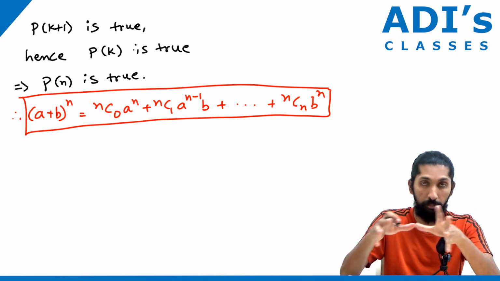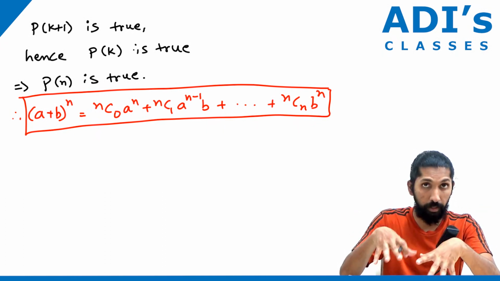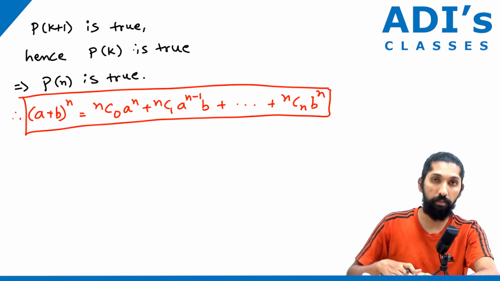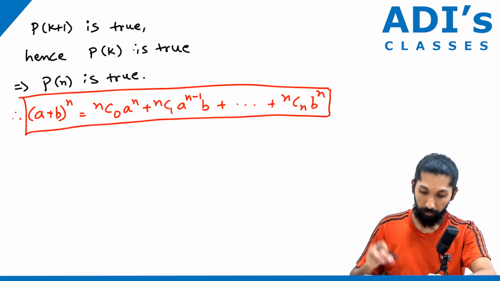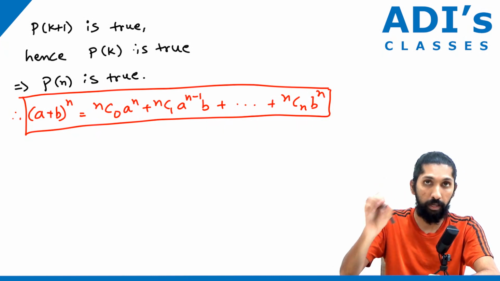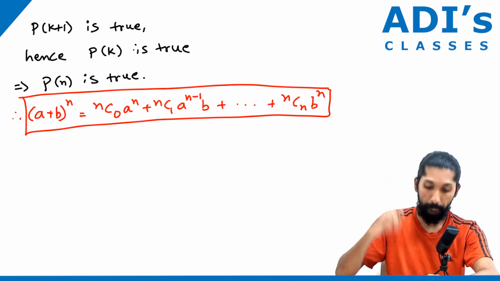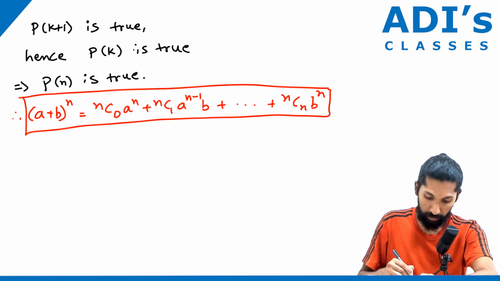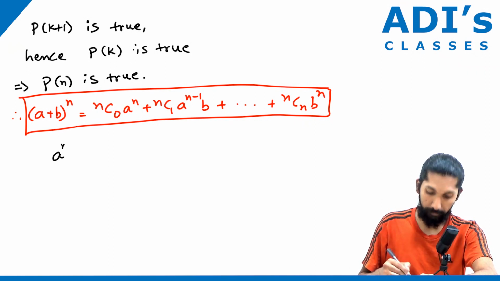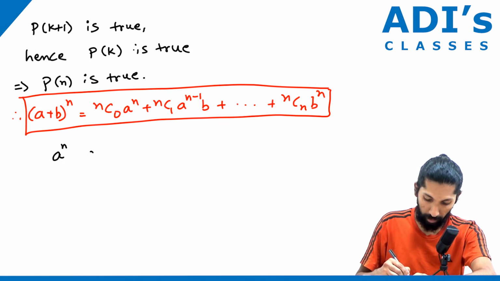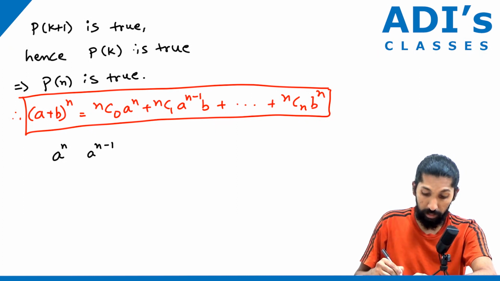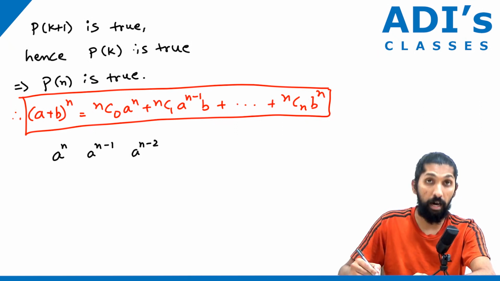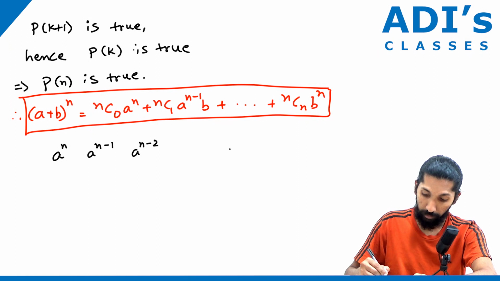Now there are certain observations you have to make for this particular derivation. Okay, so let's do simple math. Simple observation: look at the power of a and look at the power of b. For the first term, the power of a is power n. Next one is power n minus 1. Next is going to become n minus 2, and so on and so forth till the last term, which has a power of a as 0.